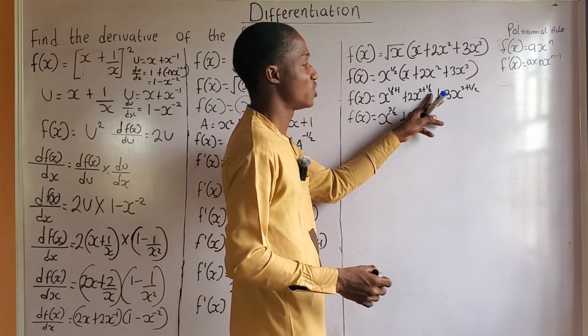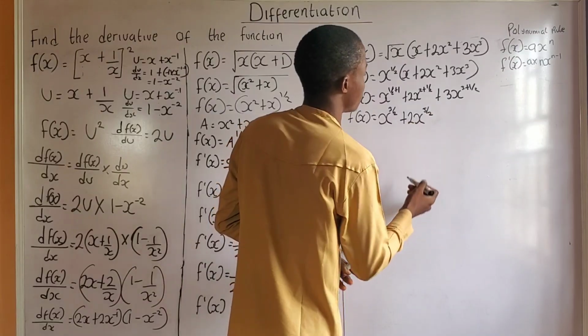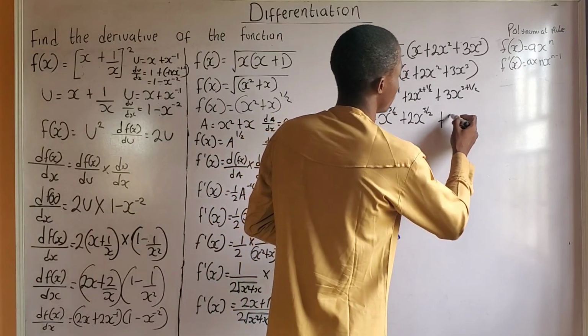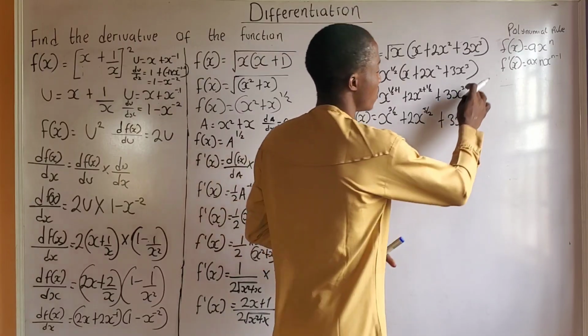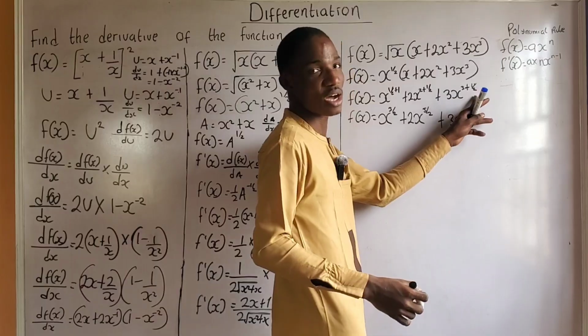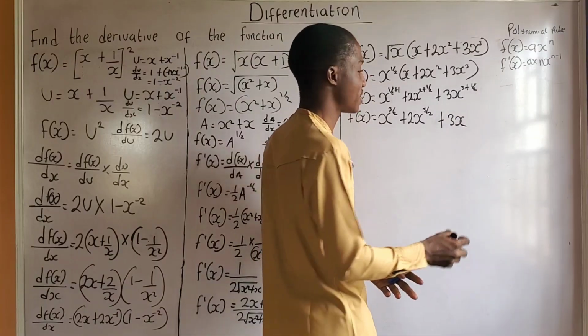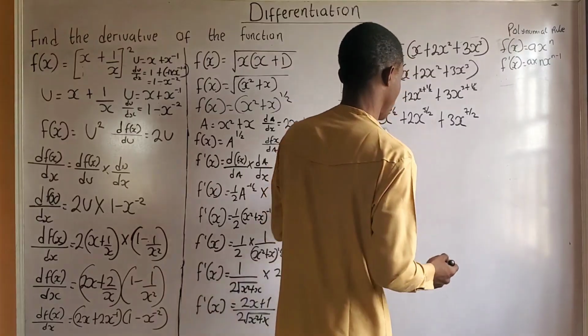What are you going to have? You're going to have 5 over 2, right? Yes. 5 all over 2. Okay. Plus 3x raised to the power of, now, 3 plus 1 over 2. 3 plus half. What are you going to have? You're going to have 7 over 2, right? You're going to have 3x raised to the power 7 all over 2.